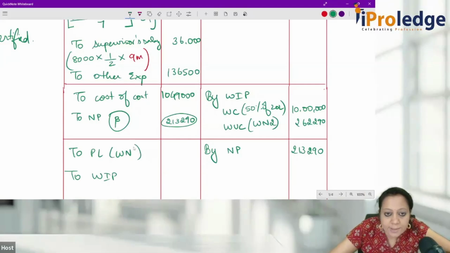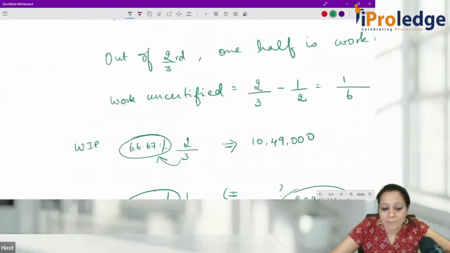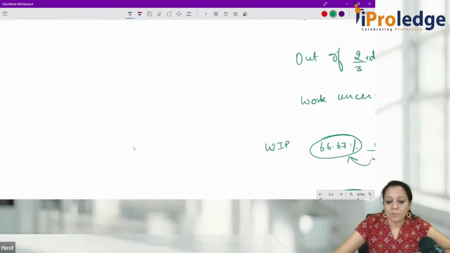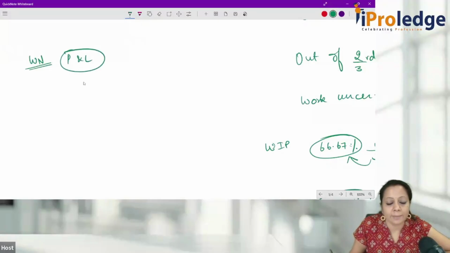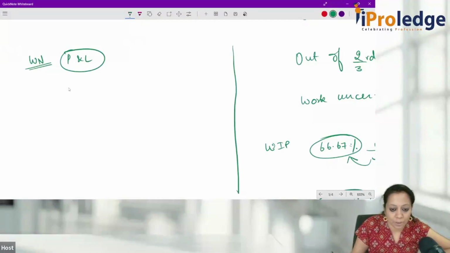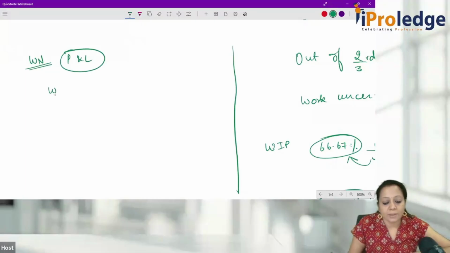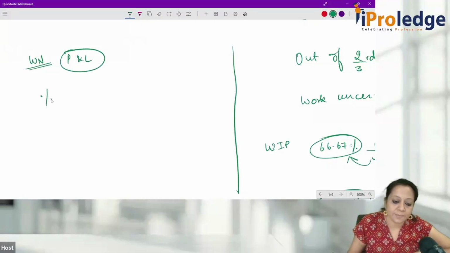Shall we proceed, students? Yes. So now what are we supposed to do? We are supposed to do the working note for the amount to be taken to the P&L. Out of notional profit, how much is the amount to be taken to P&L? So we know how to find out the percentage of completion.